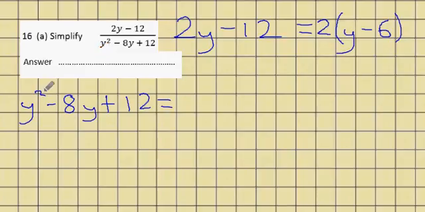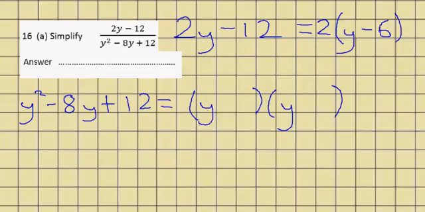To factorize this, we have three different terms here, so we're going to need two brackets. I'm going to draw two brackets first, and then fill them in step by step. What times what will give me y²? y times y will give me y².